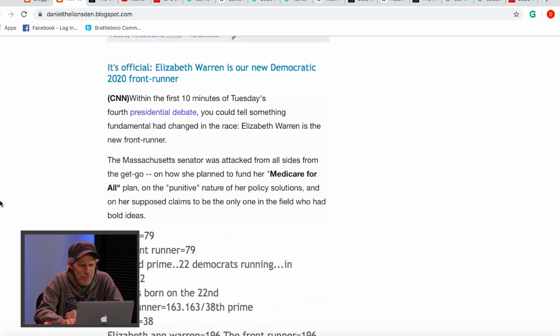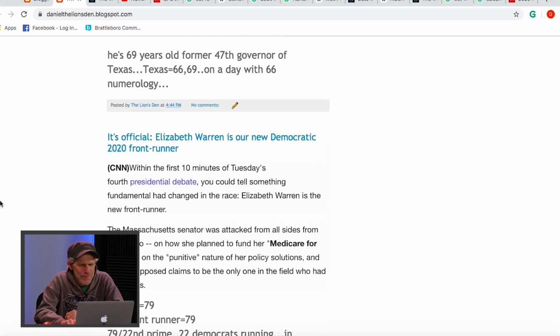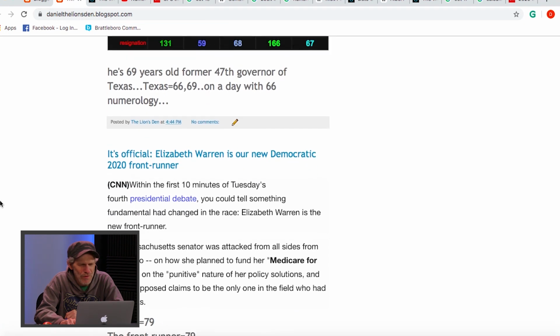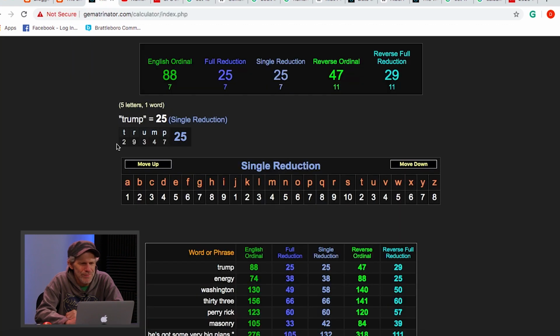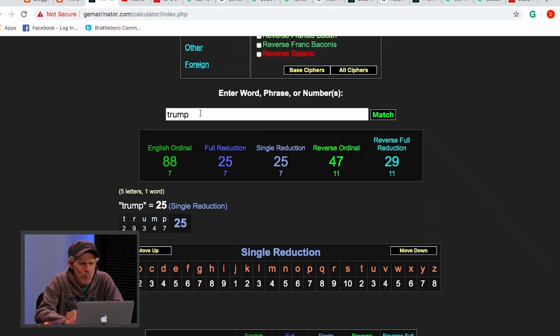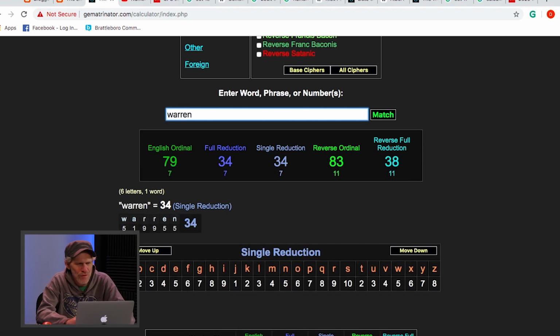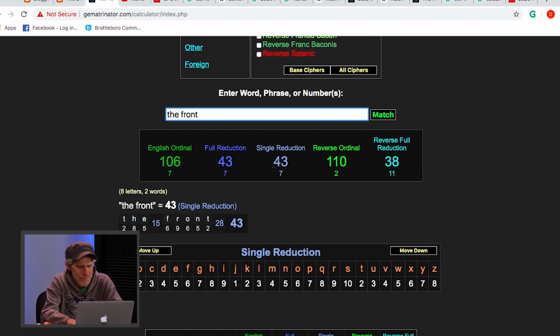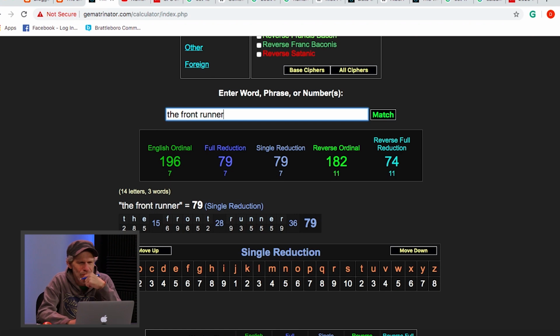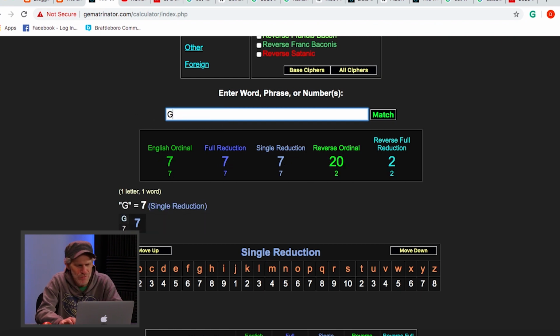There's a lot of stuff you could decode. So right away I noticed something. So if you say the front runner, and Warren, Elizabeth Warren, Warren 79, and the front runner also 79, also 74. 74 is a big number, and I touched on it, maybe.